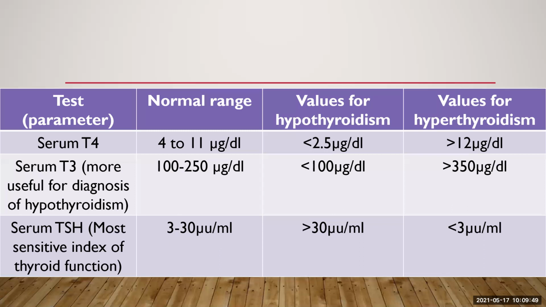So a higher value of TSH indicates hypothyroidism. A lower value of TSH indicates hyperthyroidism, in which case there is enough T3 and T4 already in the circulating blood, so the production of TSH will be reduced. So there is an inversely proportional relationship between TSH and diagnosis of thyroid gland compared to T3 and T4. I hope you have understood.